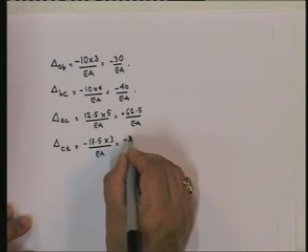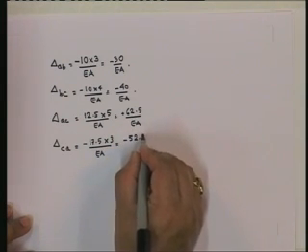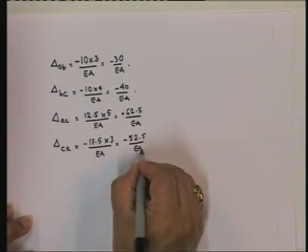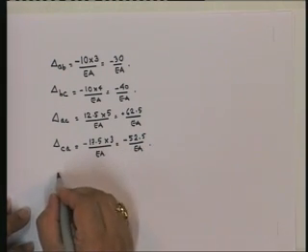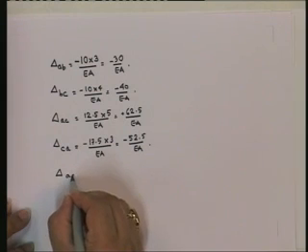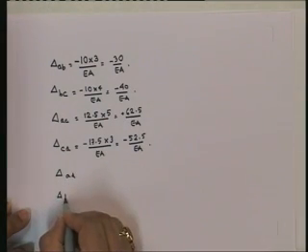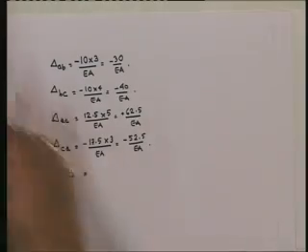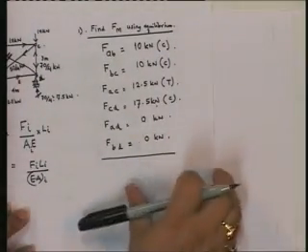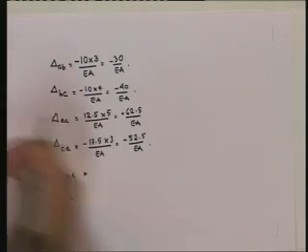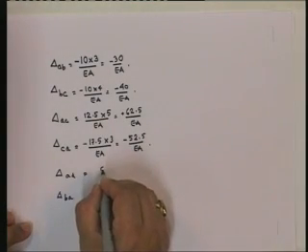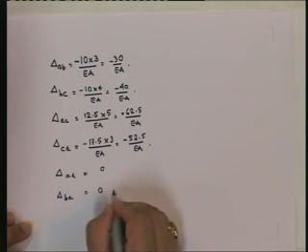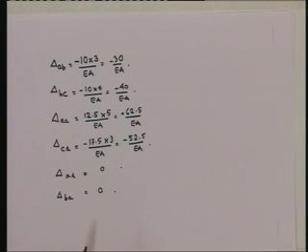So this is minus 52.5 upon EA. And finally delta AD and delta BD, what are they equal to? Since the forces are 0, 0, the deformations are also going to be 0. So I'm just going to write them as 0. The deformations are going to be 0.